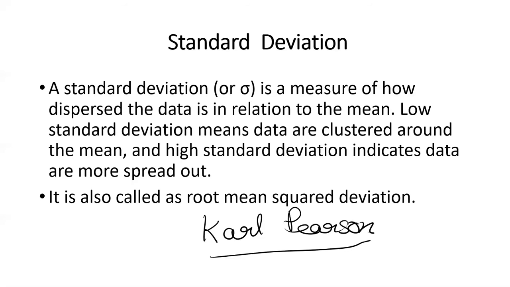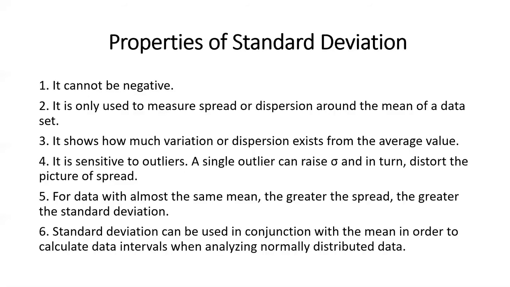And when the standard deviation is high, the data is more spread out, the values are away from the mean. When the data is spread out, it will be denoted by a greater value of standard deviation. I hope this is clear. Another name for standard deviation is root mean square deviation, and it was coined by Karl Pearson.